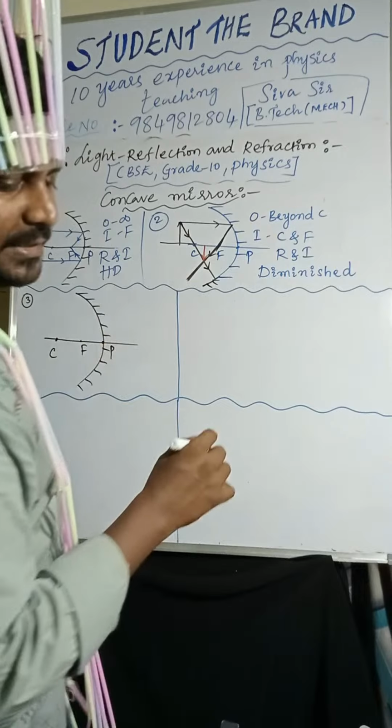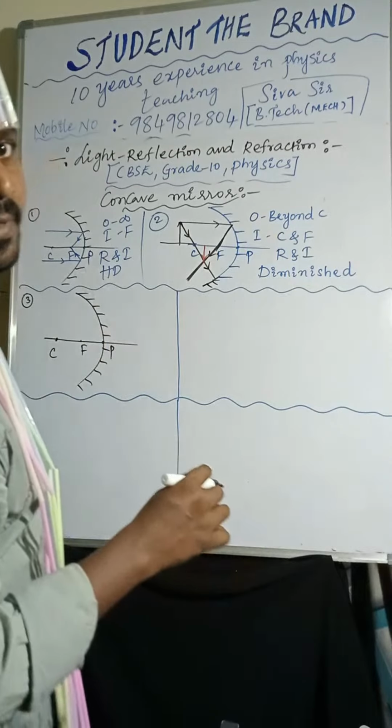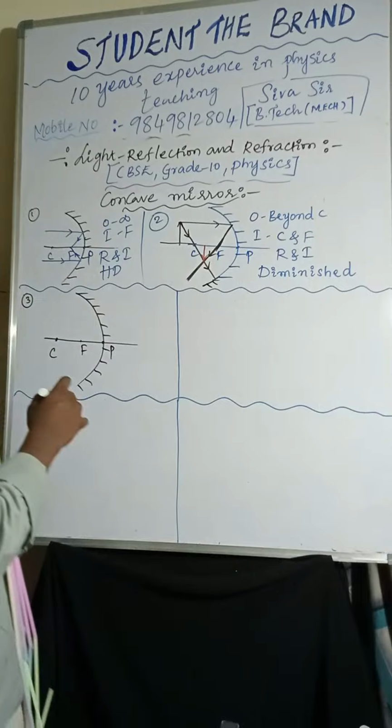Object is placed at C. Image also will form at C itself.